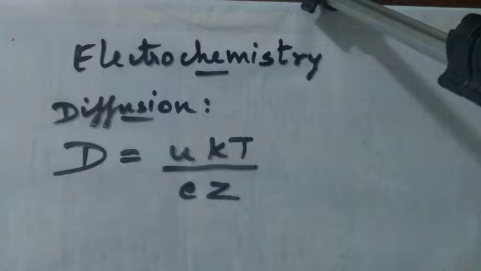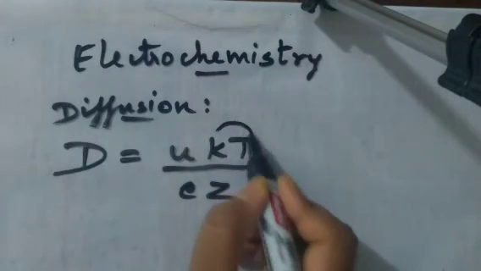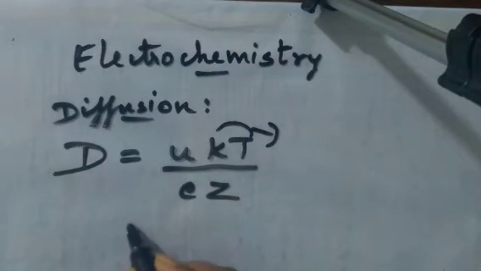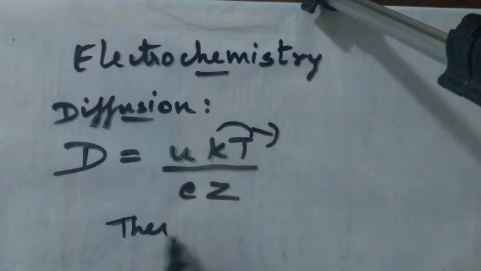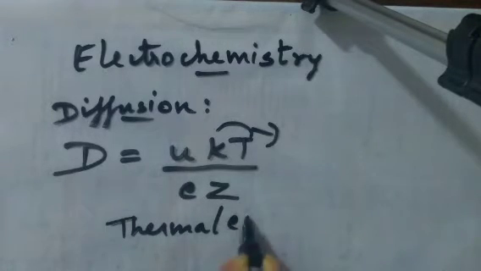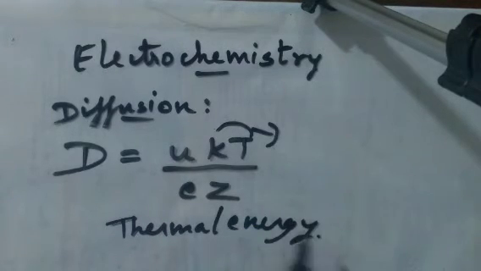The terms k and T together are called thermal energy. So the diffusion coefficient is a measure of the mobility of the ion with respect to thermal energy.